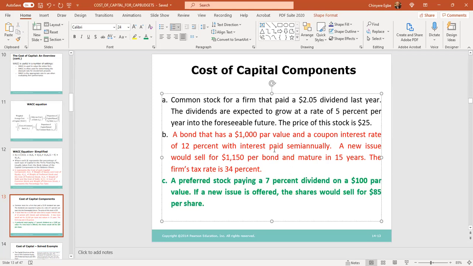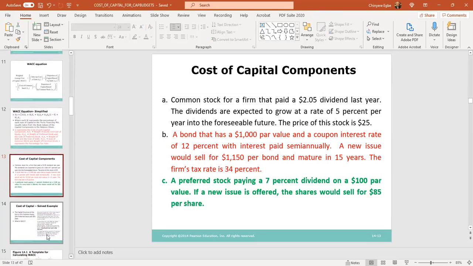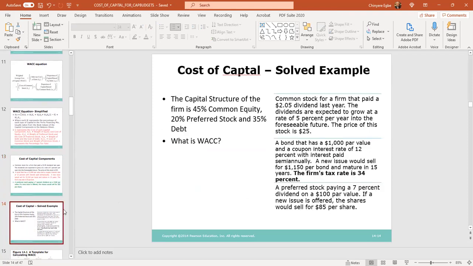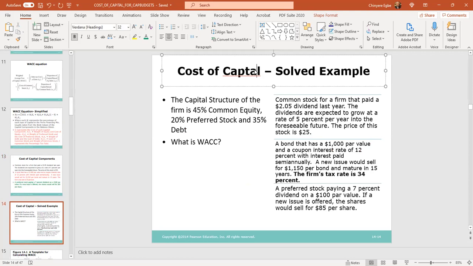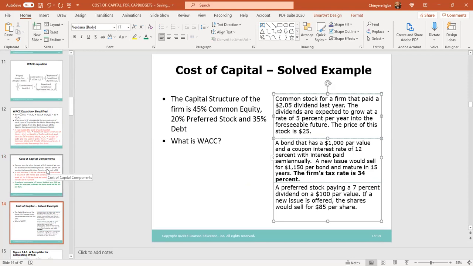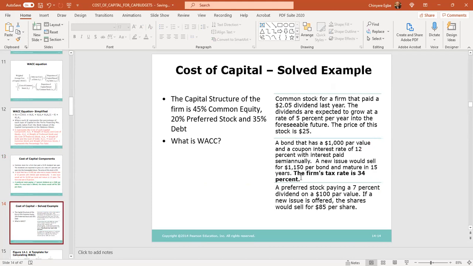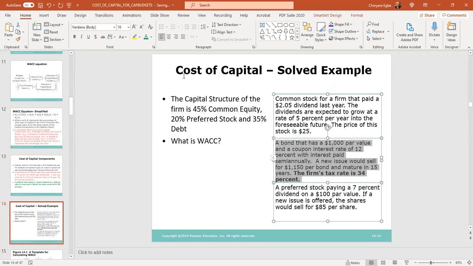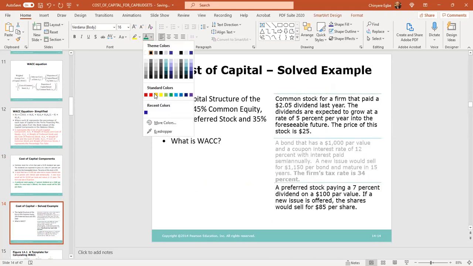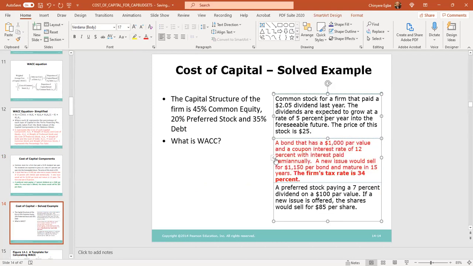We're going to try to solve for each of these components, and then the question becomes, this is the same problem. So now the question becomes, what is the weighted average cost of capital for this business? The data that you have here is the same as you have here. So what I've done is put the information side by side, so as to be able to illustrate the weighted average cost of capital.